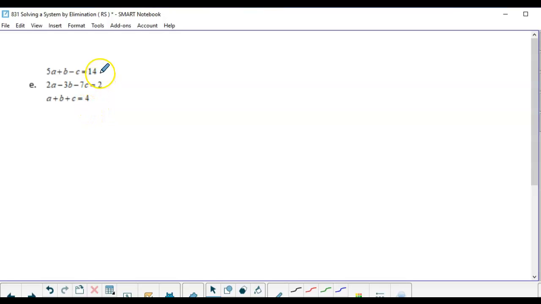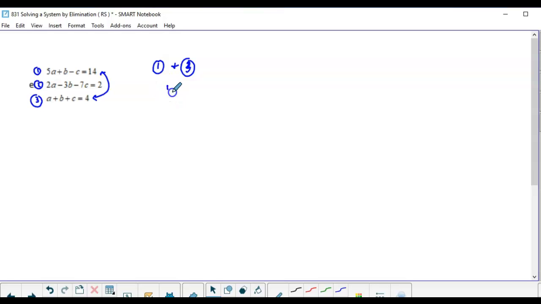I'm going to start with this one and this one, because looking at that, the c can be eliminated right away. And then I've got to incorporate equation 2. So maybe equation 2 and equation 3. 3 is easy to multiply through by a number, right? So I'm going to do 1 and 3 to start.